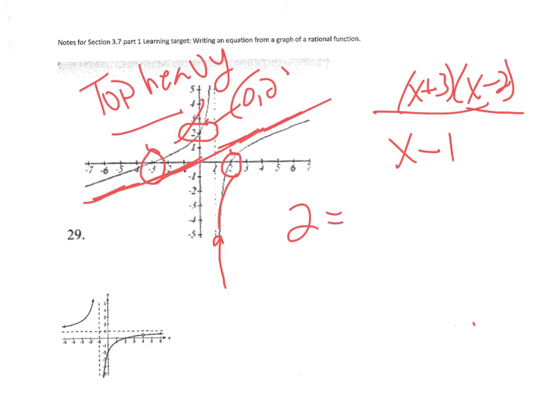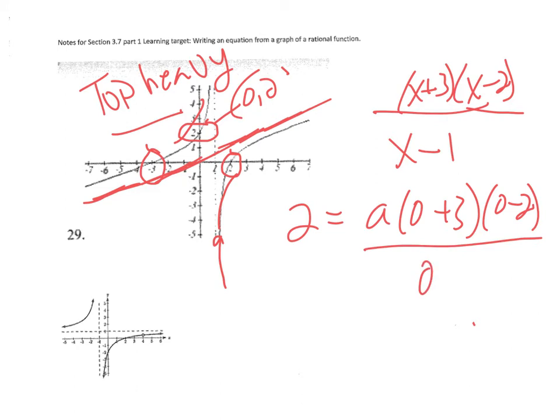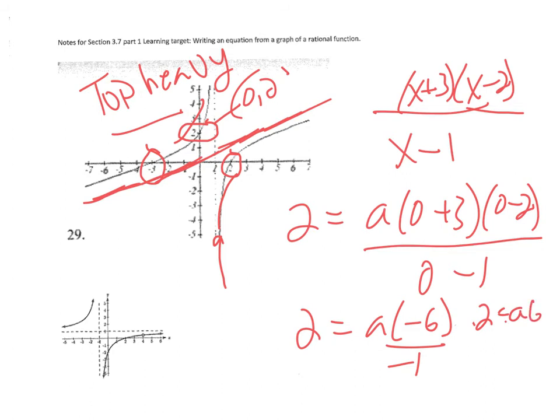So 2 equals, just like what we did with polynomials, drop in 0 for x, stick an a in there for that placeholder, all over 0 minus 1. So does that give me 2 equals a times negative 6 over negative 1? So that's 2 equals a times 6. So I'm going to divide by 6. 2 over 6 is what a is, which simplifies to 1/3.